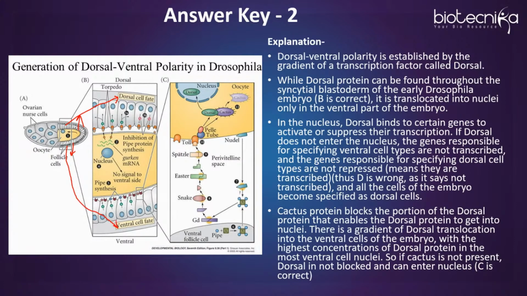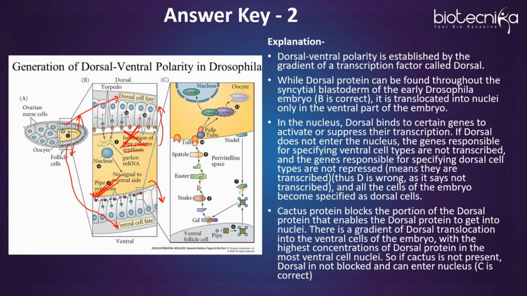Now, how is this specification done? It is by the activation of pipe protein synthesis. So remember, on the dorsal side, which is supposed to form dorsal, pipe protein is inhibited. It is not being synthesized. Whereas on the ventral side, the prospective ventral side, pipe protein will be synthesized.